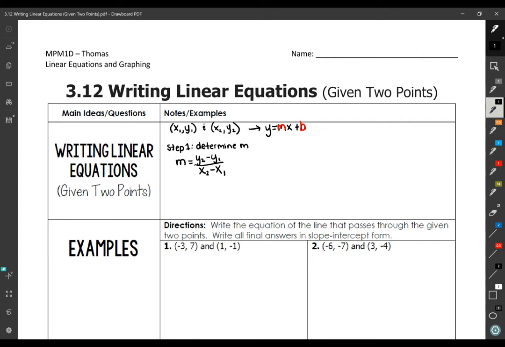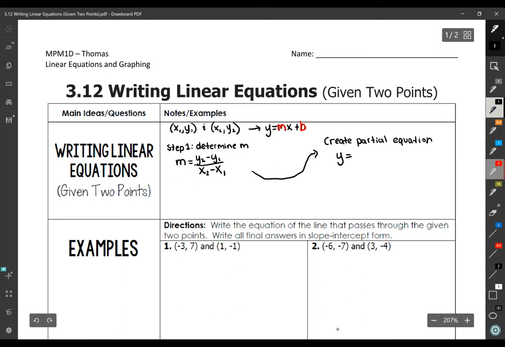Once you solve for m, you move on to step 2, which is to create a partial equation. We're going to write y is equal to some m times x plus our b, and our b is still unknown.